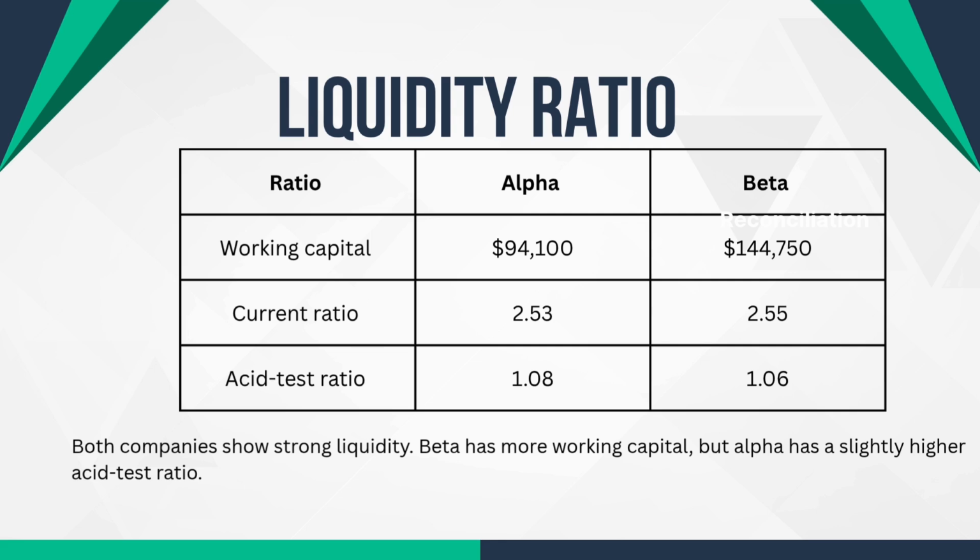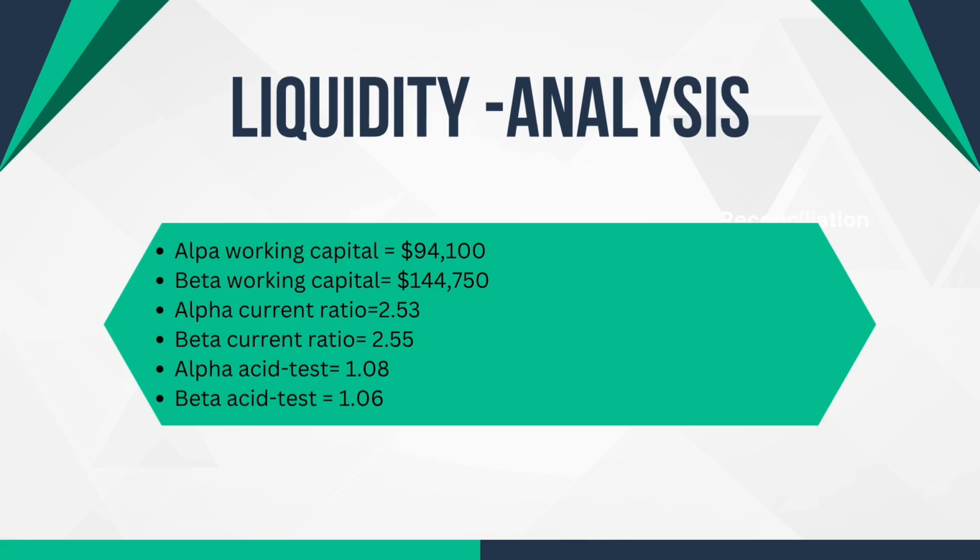You can also see the current ratio of Alpha company is 2.53 and the Beta company is 2.55. Acid test ratio of Alpha company is 1.08 and the Beta company is 1.06. So the conclusion is both companies show strong liquidity. Beta has more working capital, but Alpha has a slightly higher acid test ratio.